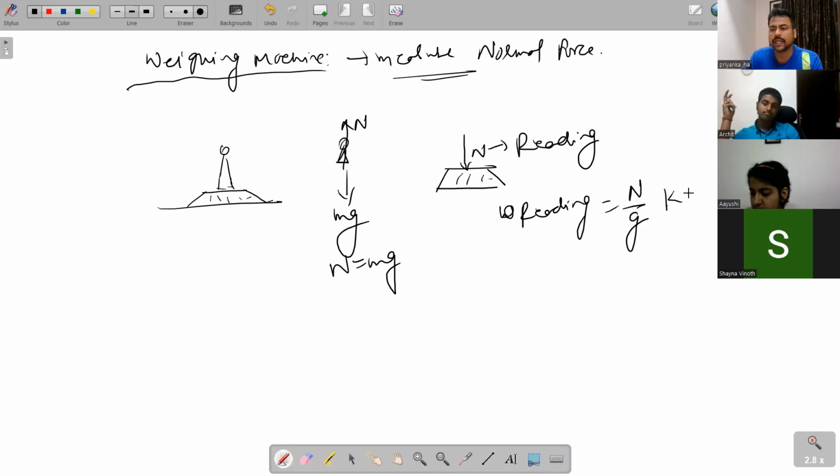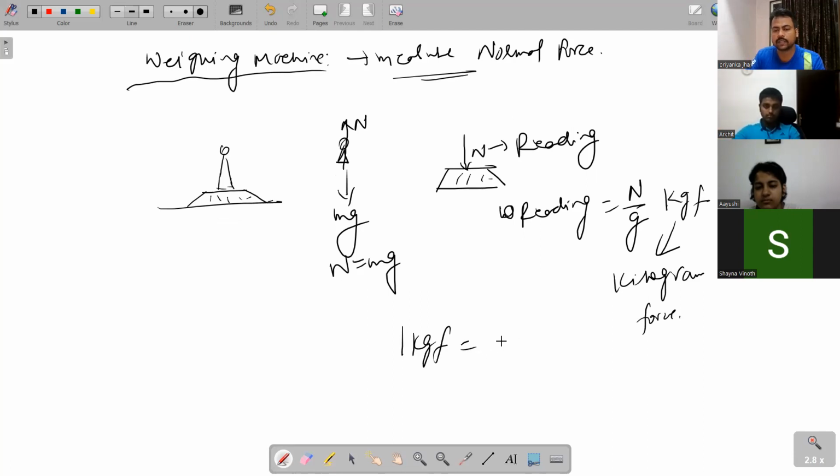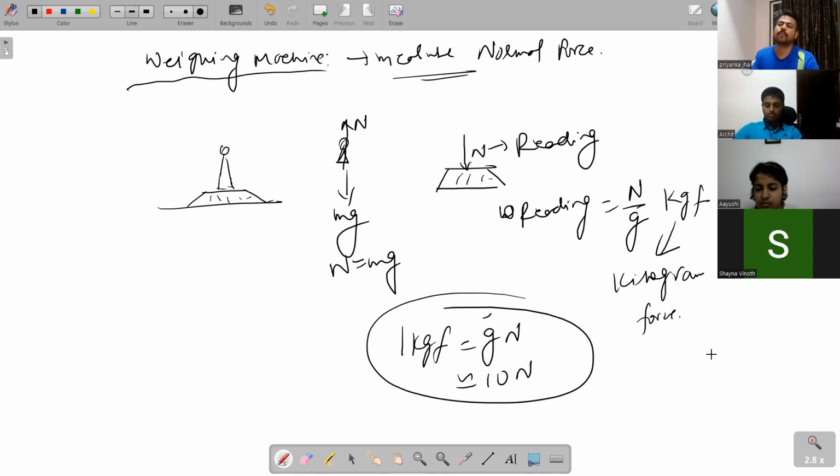And this is called kgf, meaning kilogram force. 1 kgf is equal to g Newton, or approximately 10 Newton. That's it. This is the theory of the weighing machine.